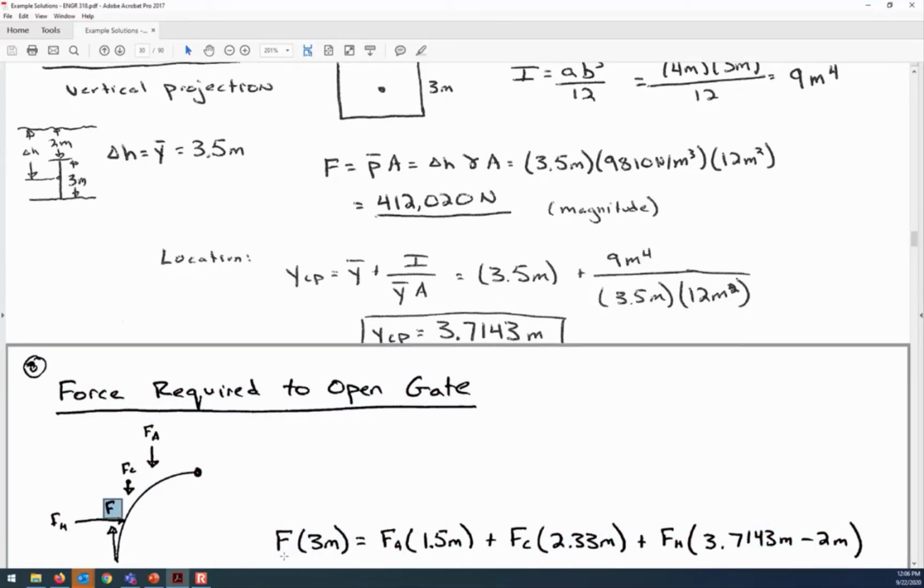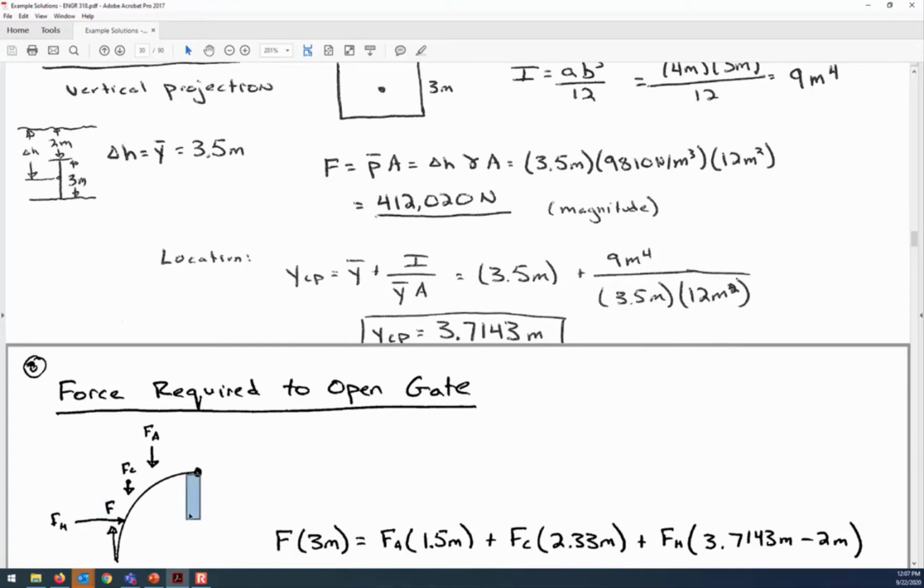And so you can see the applicable distances there. For FA, 1.5 meters is the distance sideways over to where the force is located. 2.33 meters is the distance sideways over to where FC is located. And now for FH, we want to know the distance from the hinge down to where the force is located.